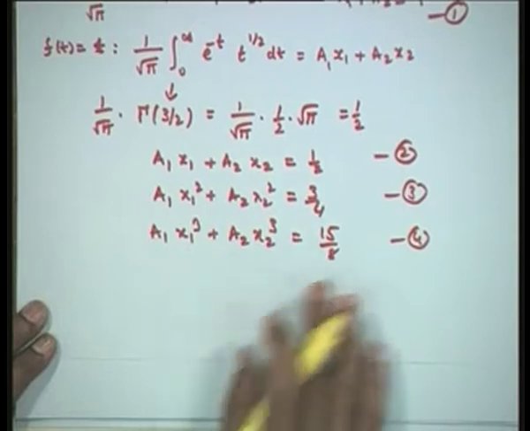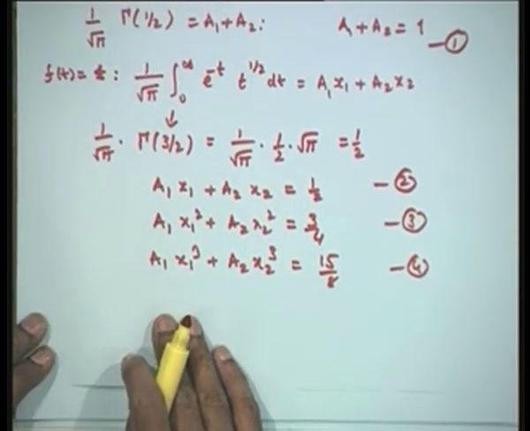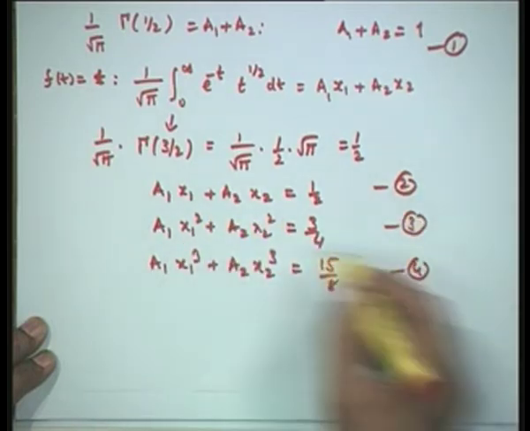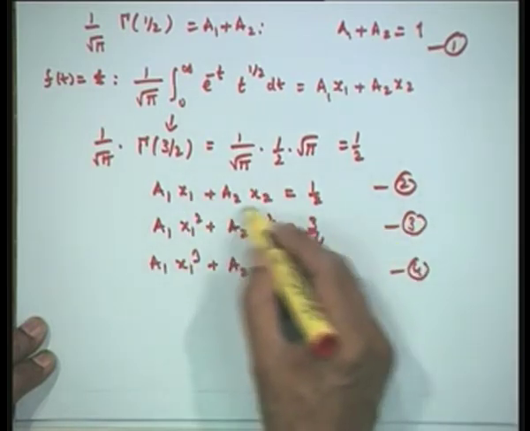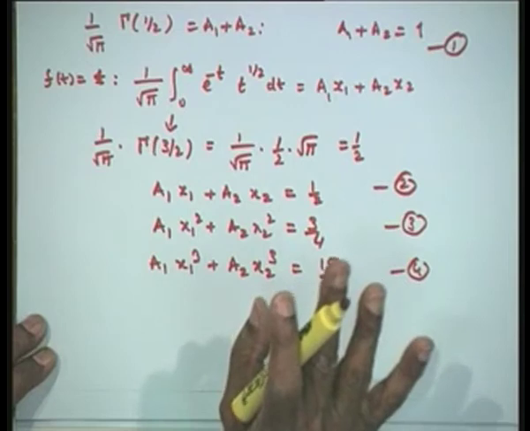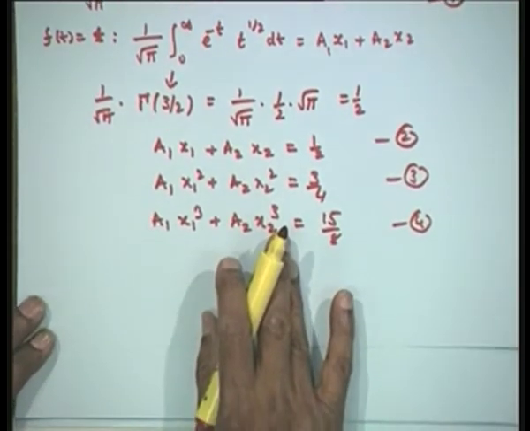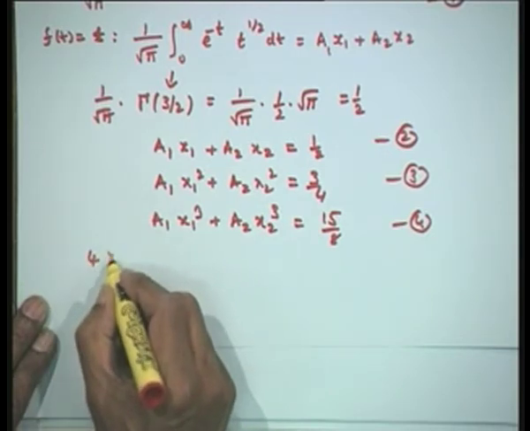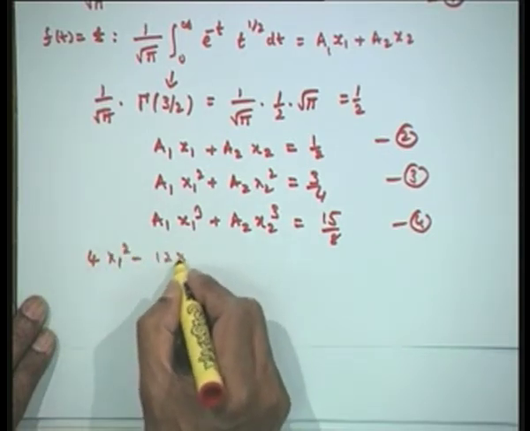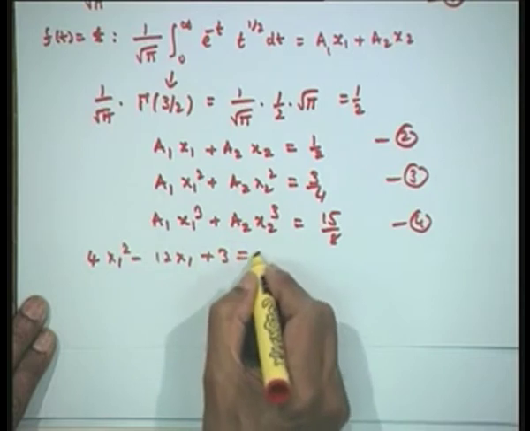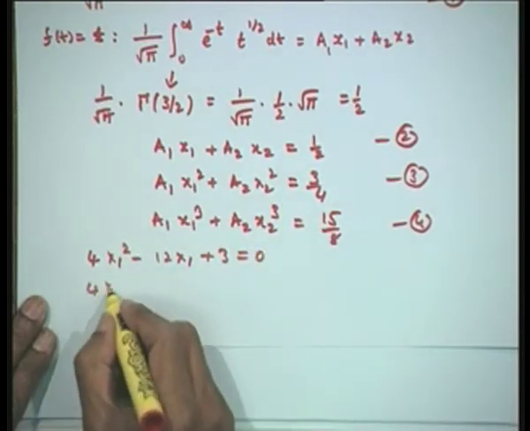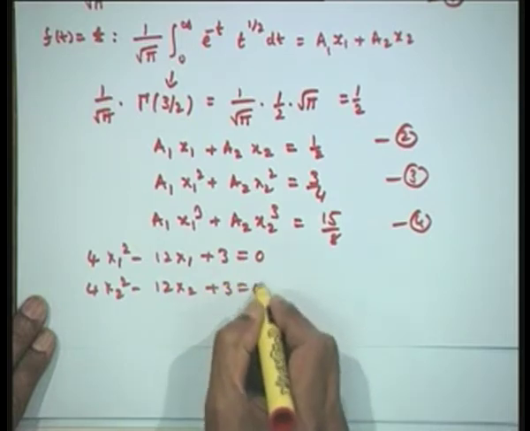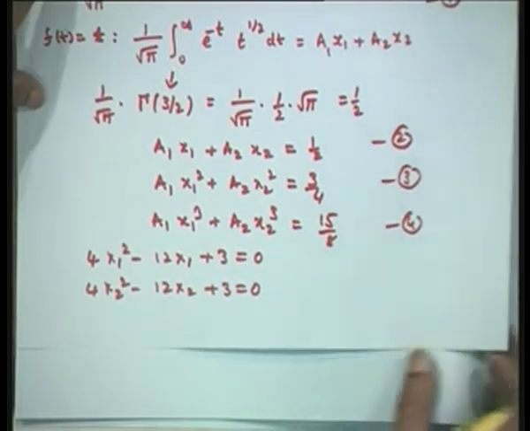You will have to follow exactly the previous method that we have done: take the first and third equation, eliminate x1, second and fourth, eliminate x1, then eliminate a2 x2. You will get a single equation in x1 or x2, which gives the solution of the problem. For your verification, the equation comes out to be the same, and because of the symmetry you will get the same equation for x2 also. Both the equations will be the same.